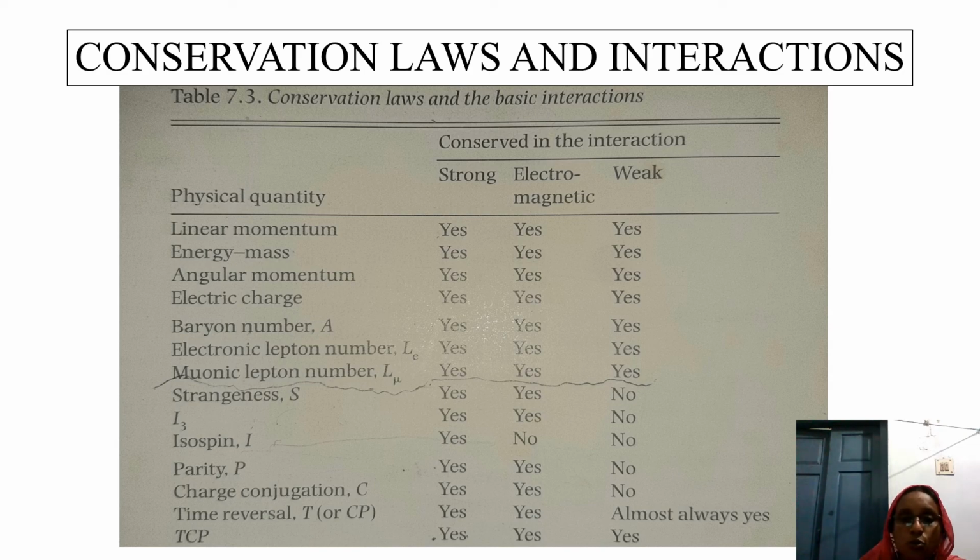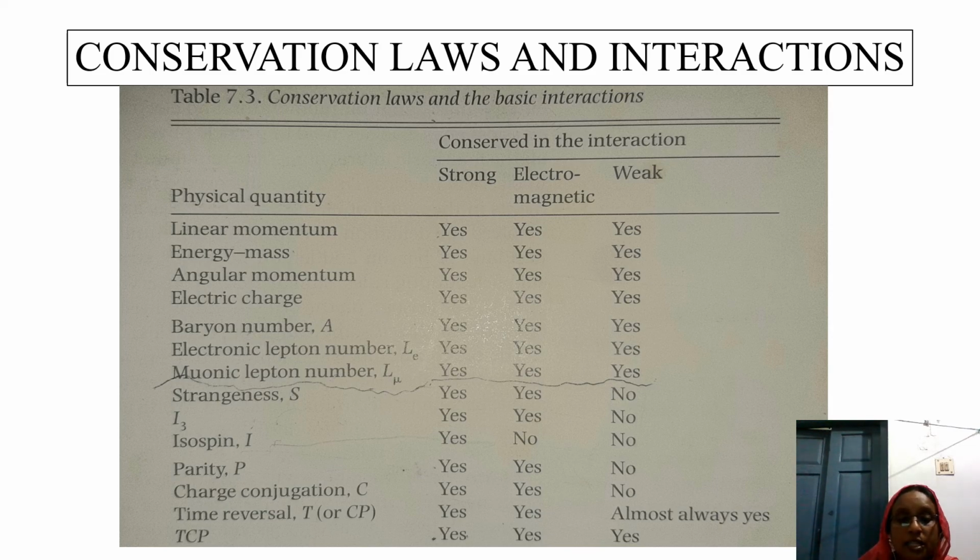All these are also invariant in strong, electromagnetic and weak interactions. At the same time, strangeness is invariant under strong and electromagnetic interaction, but it gets violated in the case of weak interaction. I3 is also invariant in strong and electromagnetic interaction, but violated in the case of weak interaction. Isospin is obeyed only in strong interaction, and it gets violated in the case of electromagnetic and weak interaction.